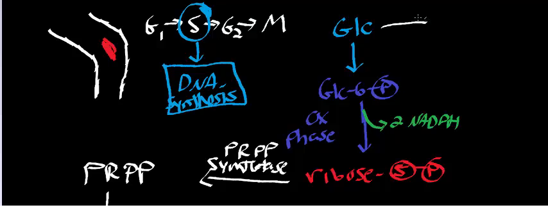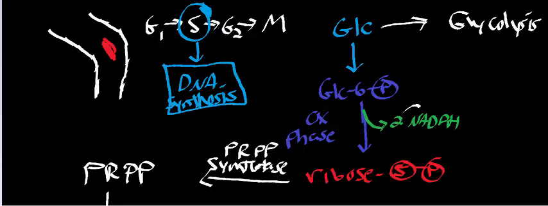So some of the glucose that you eat is going to go towards glycolysis, right? Some of it, if you eat too much of it, might go towards glycogenesis, but a good portion of it is going to go into the pentose phosphate pathway, right?